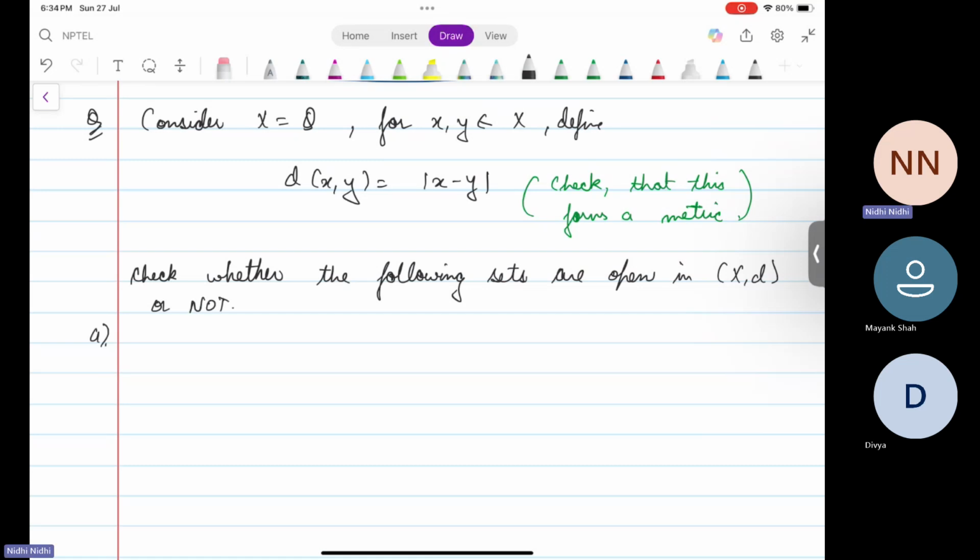The first one is the set of rationals and the second one is given next. So can you tell me whether Q is open in this metric space or not?